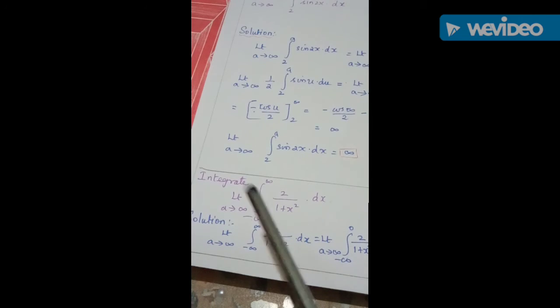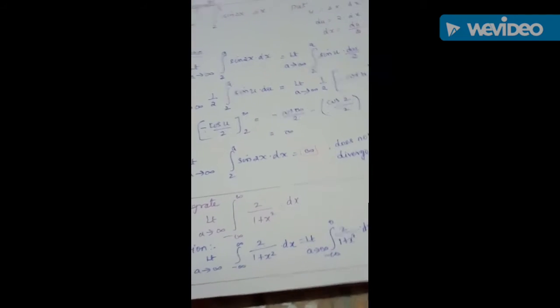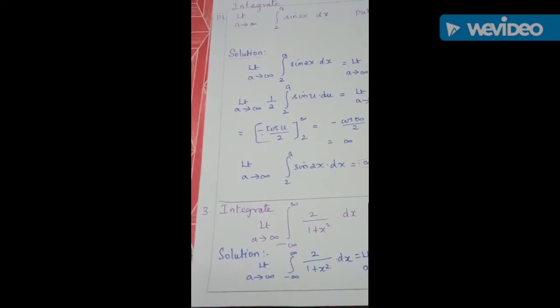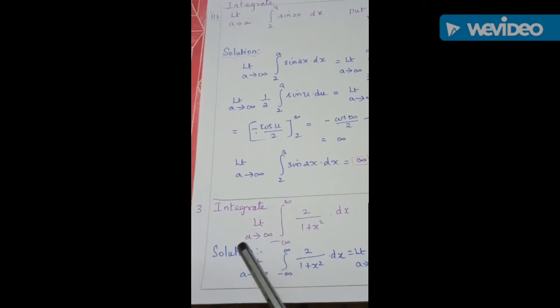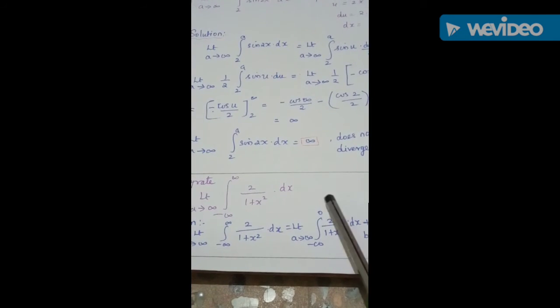The next problem, the third one. Integrate limit a tends to infinity, integral of minus infinity to infinity, 2 divided by 1 plus x square dx. Solution: we write minus infinity to infinity as minus infinity to 0 and 0 to infinity, so we are splitting the limits.